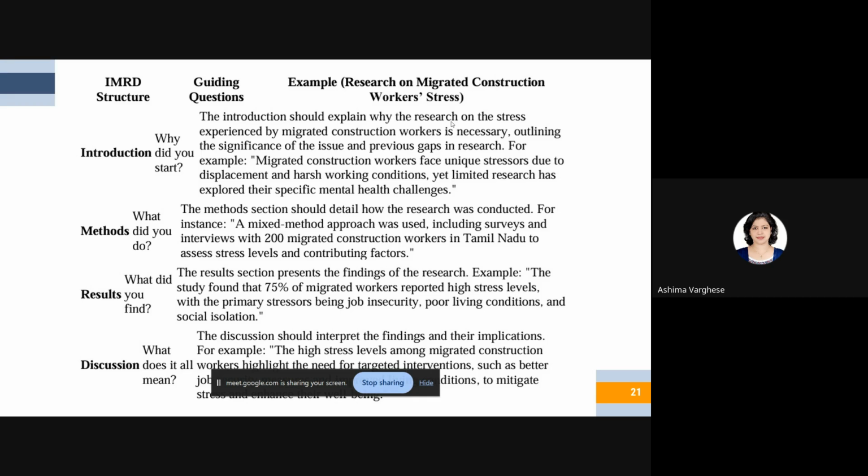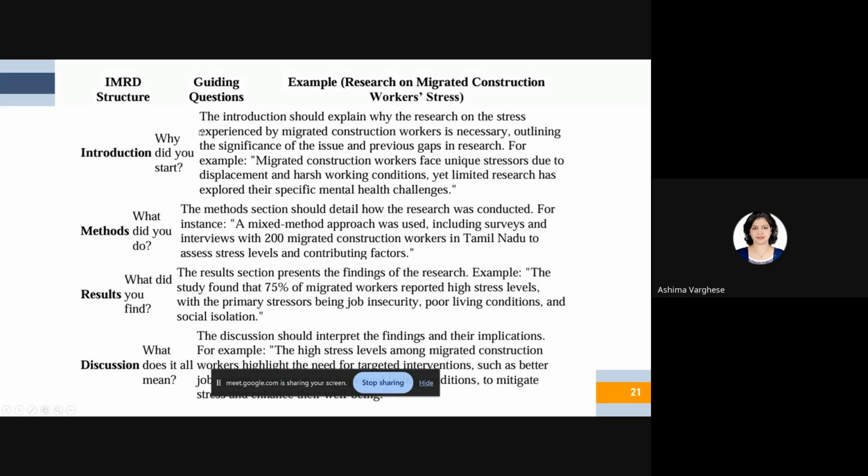There may be different reasons: displacement, their location, harsh working conditions. They are not getting paid properly. They are sometimes starving. Yet very limited research has explored these specific mental health challenges. So this was the reason you started conducting your research on the particular topic.